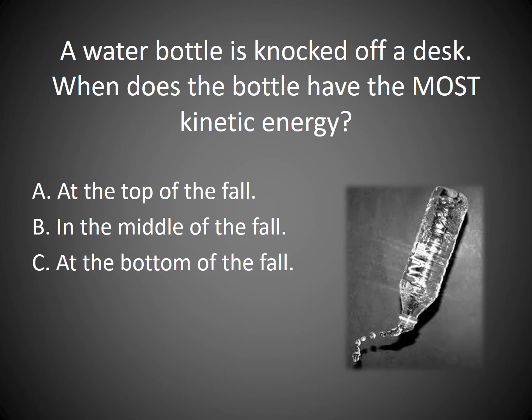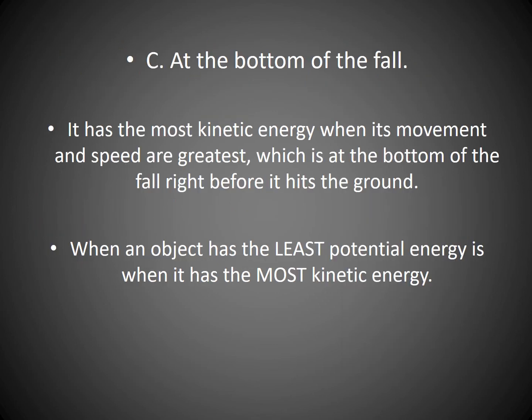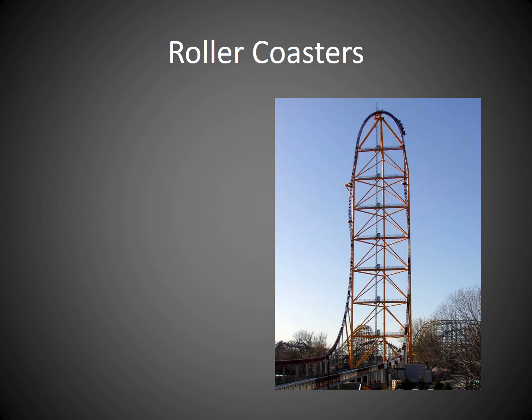Well, I just gave you the answer: at the bottom of the fall. So it has the most kinetic energy when its movement and speed are the greatest, which is at the bottom of the fall right before it hits the ground. When an object has the least potential, it has the most kinetic. Remember the seesaw.